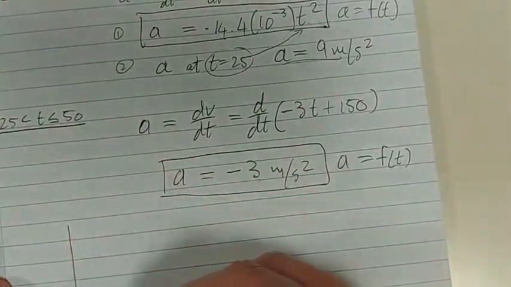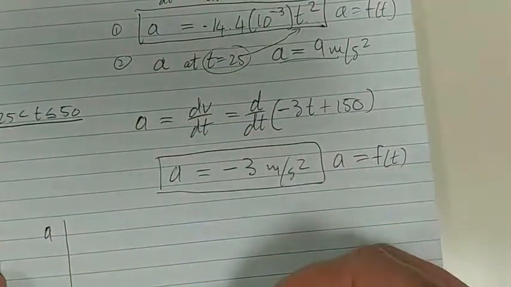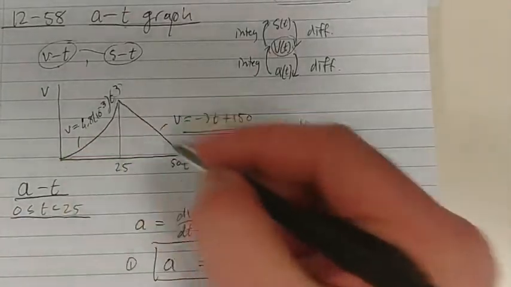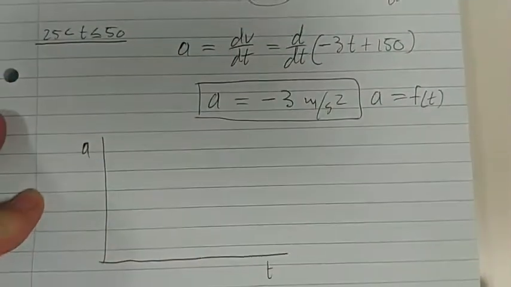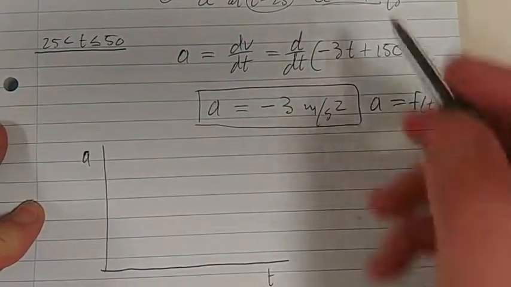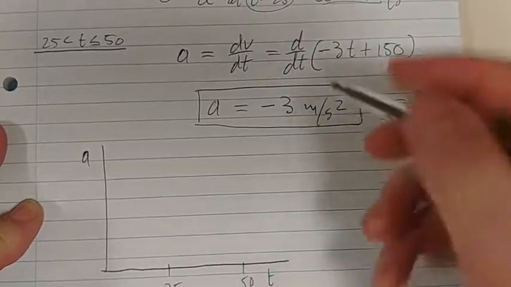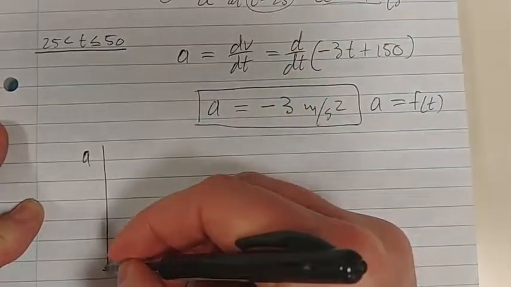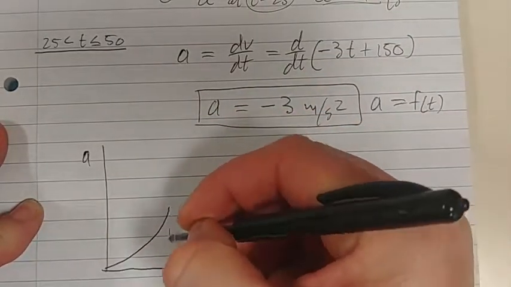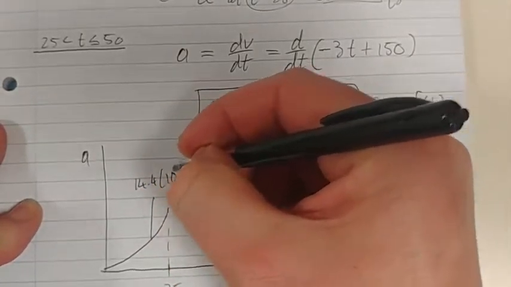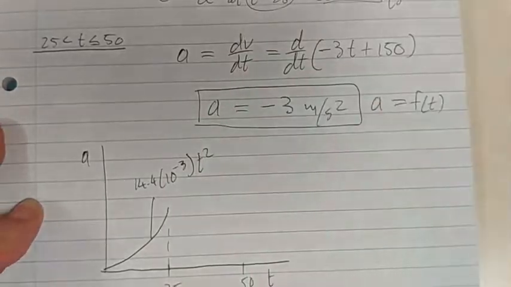Here's my acceleration time curve. Remember, there's my velocity time. Here's my acceleration time. The function from 0 to 25 is 14.4 10 to the minus 3 t squared.